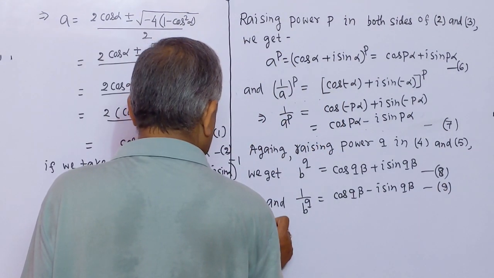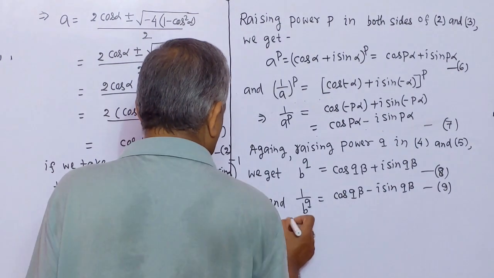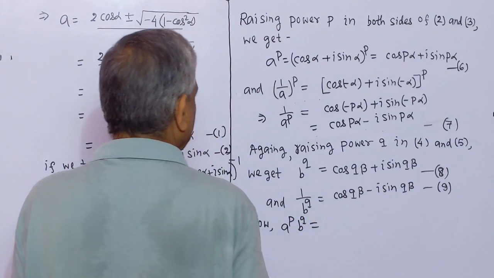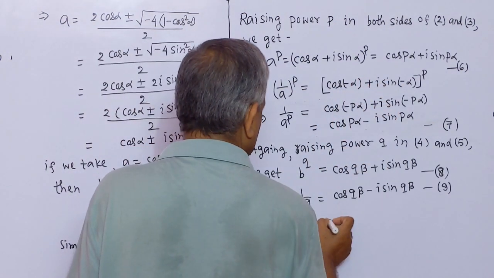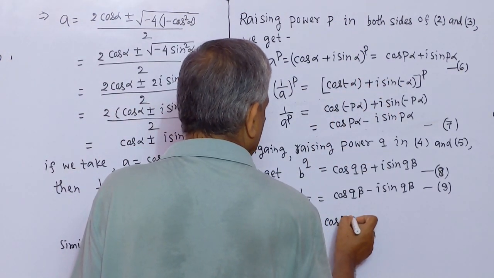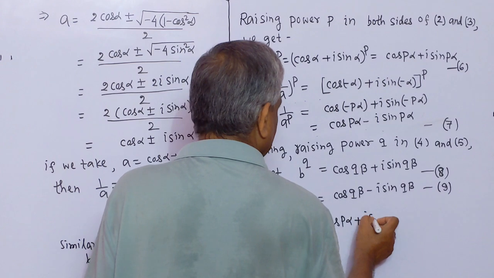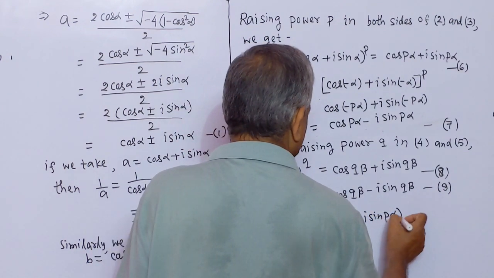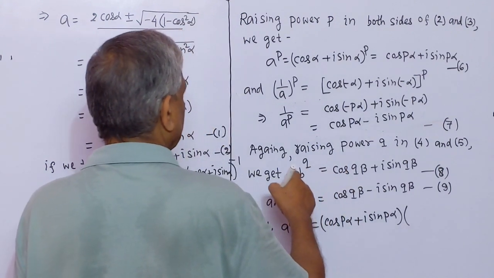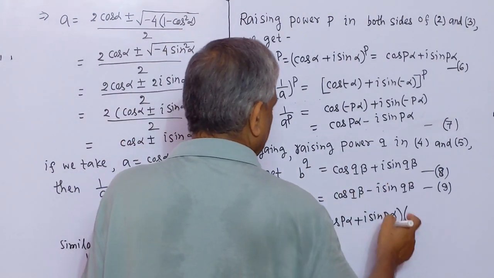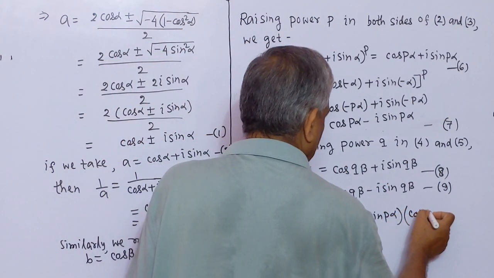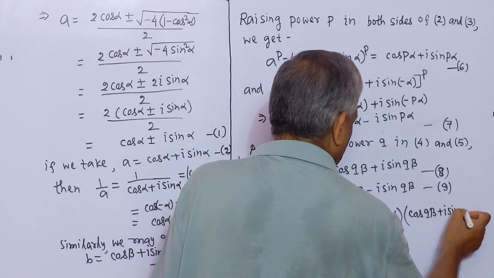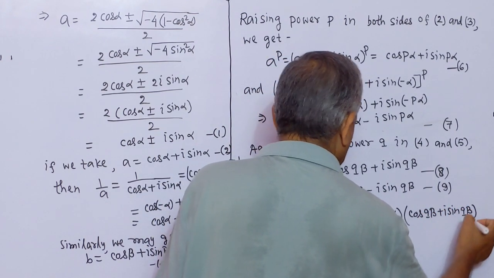Now a to the power p times b to the power q. A to the power p is cos p alpha plus i sin p alpha, and b to the power q, from 8, is cos q beta plus i sin q beta.